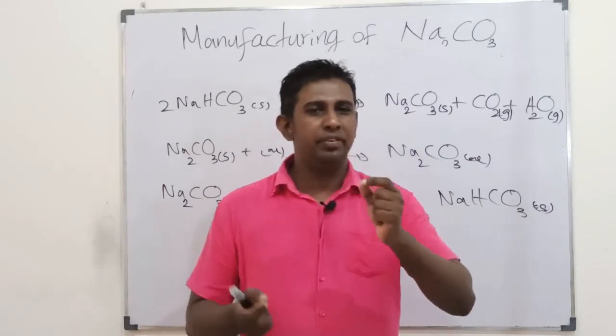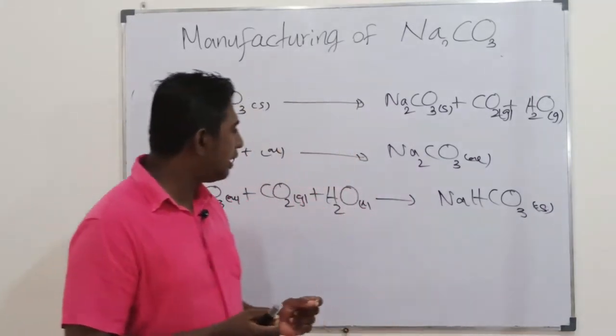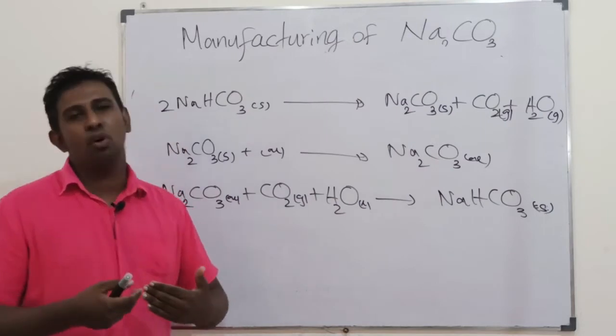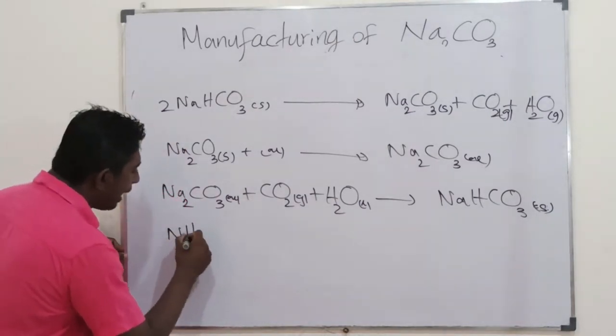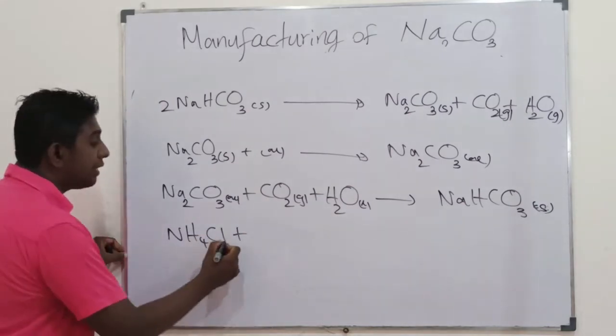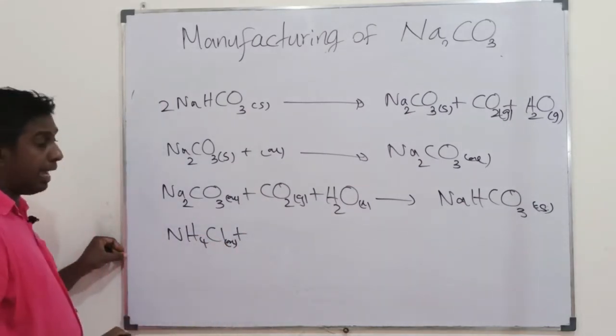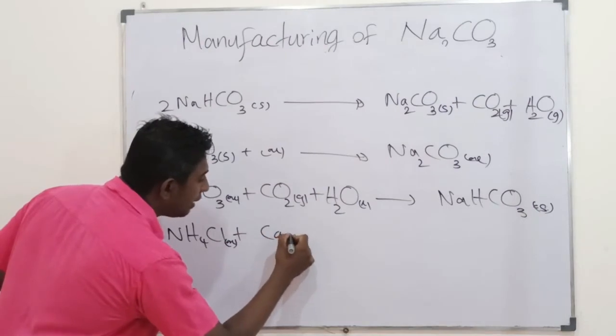Then students, another thing, you have got ammonium chloride being formed as a byproduct. That byproduct, ammonium chloride, is aqueous, so it could be treated with calcium oxide.